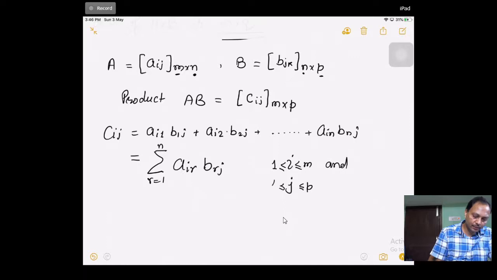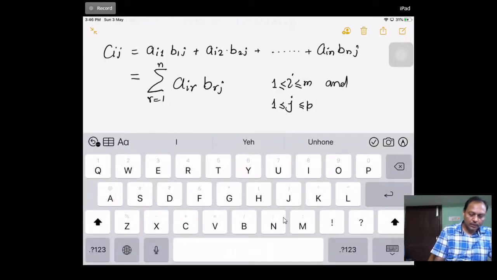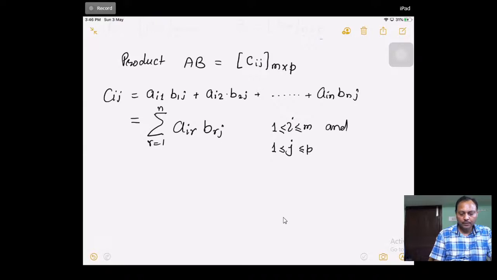It means the row is multiplied with the column, with corresponding elements.